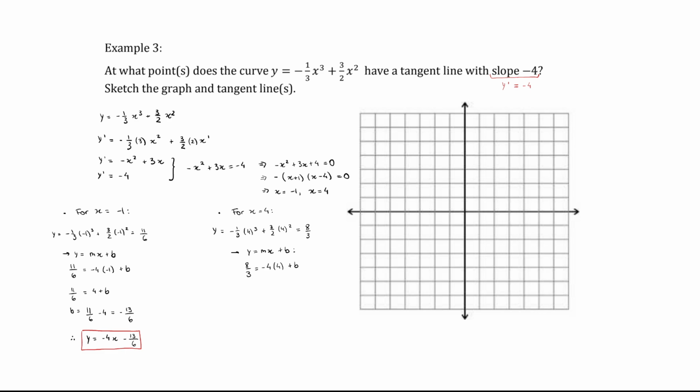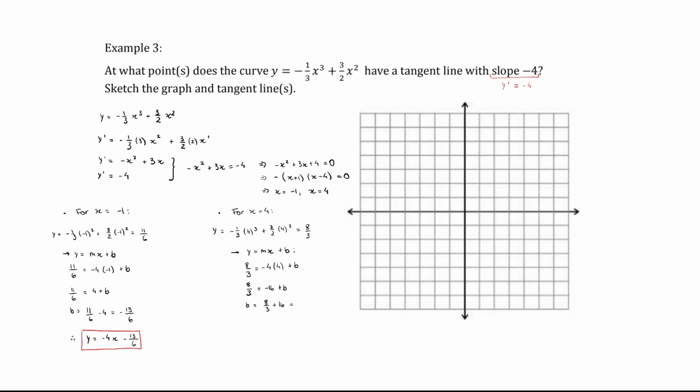Or, in other words, rewriting it, 8 over 3 is going to be equal to negative 16 plus b, or b is equal to 8 over 3 plus 16, which is equal to 56 over 3.